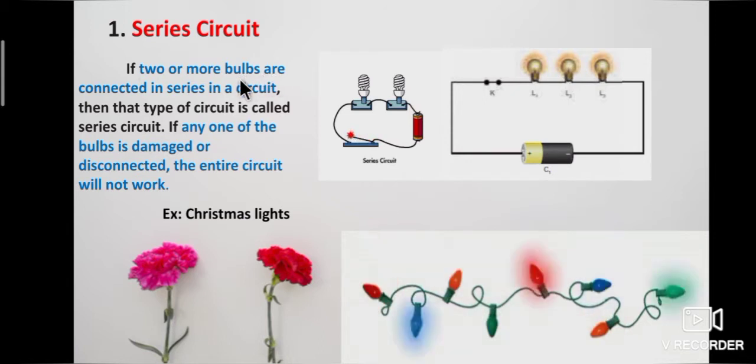If any one of the bulbs is damaged or disconnected, the entire circuit will not work. Example, decoration lights, that is Christmas lights.